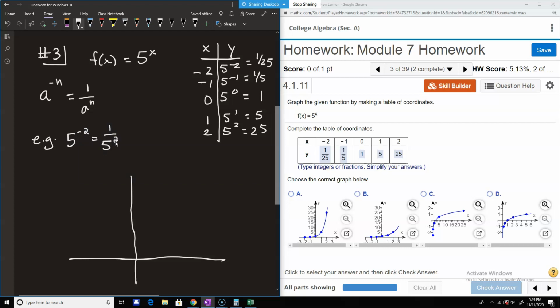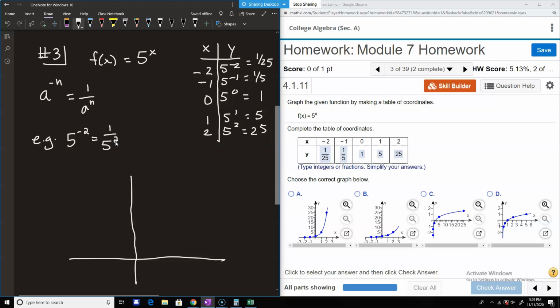So a negative exponent has nothing to do with the sign of the number. It's just telling you that instead you're kind of doing division rather than multiplication, because an exponent stands for repeated multiplication.